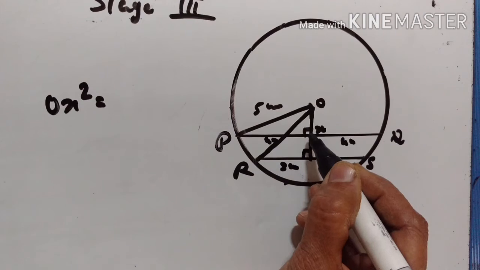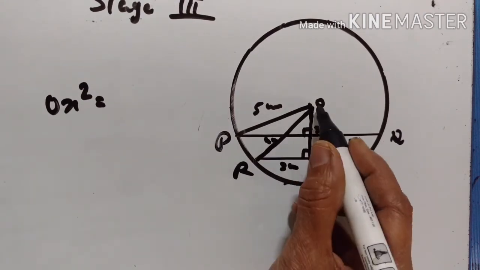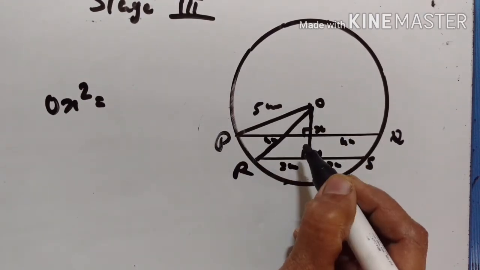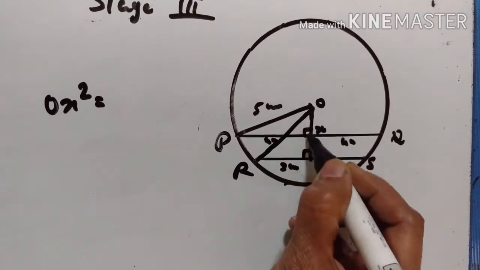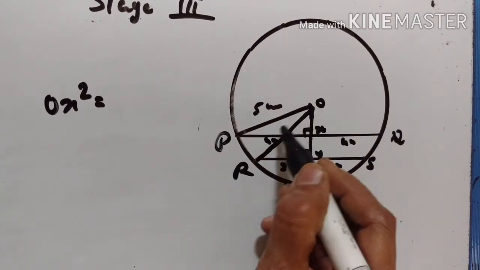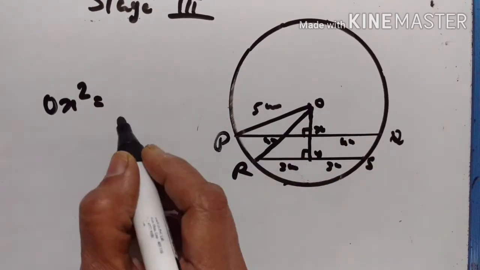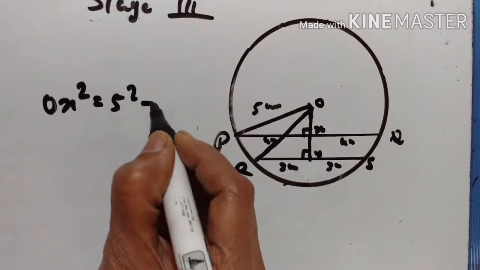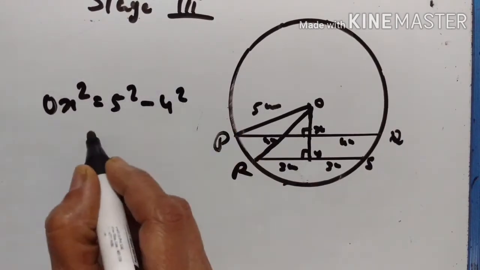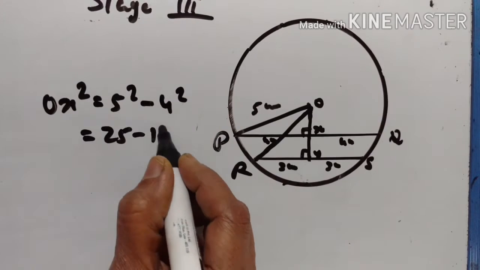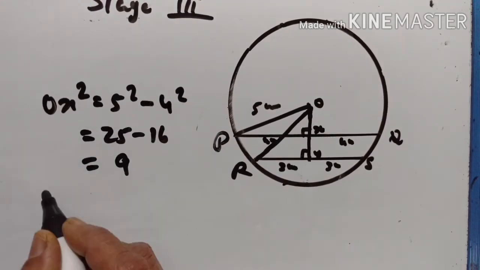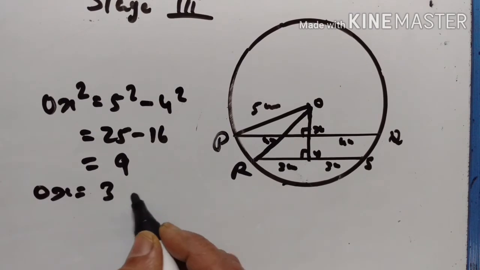Triangle OPX is a right angle triangle. OP is the hypotenuse. Therefore, OX squared is equal to OP squared minus XP squared, 5 squared minus 4 squared, 25 minus 16, 9. Therefore, OX is equal to 3 cm.